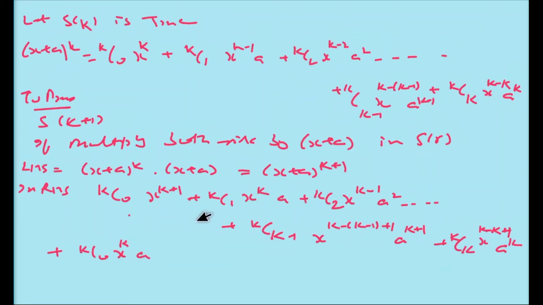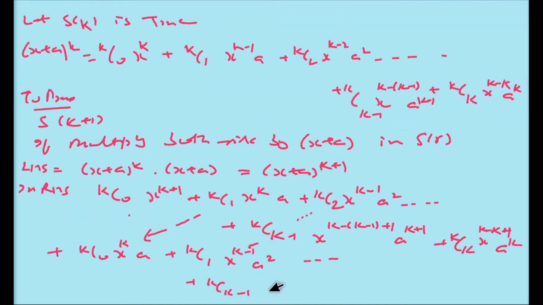In the next term, multiplied by a, we get kC1 x to the power k minus 1 a square.